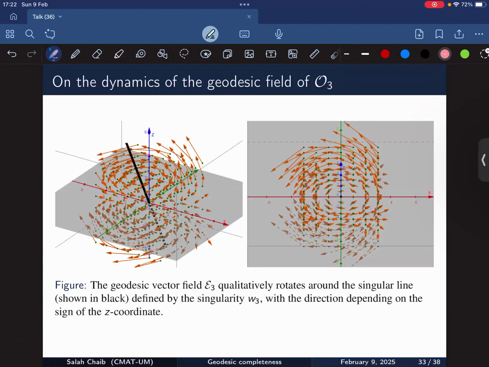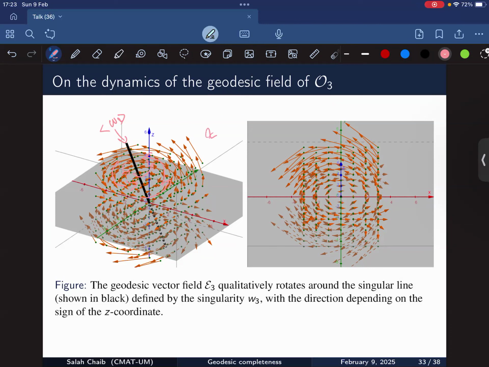This line in black shows the singular line corresponding to the singularity omega 3, and the geodesic vector fields rotate around this singularity, which is the elliptic behavior we are talking about for the linearized vector field. And the direction of rotation depends on the sign of z.